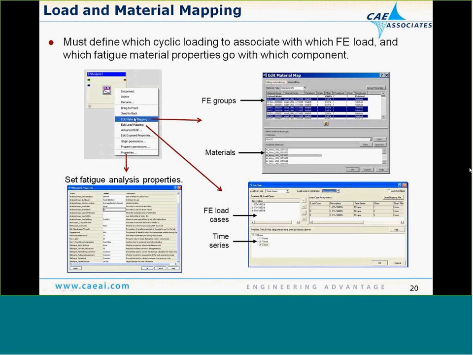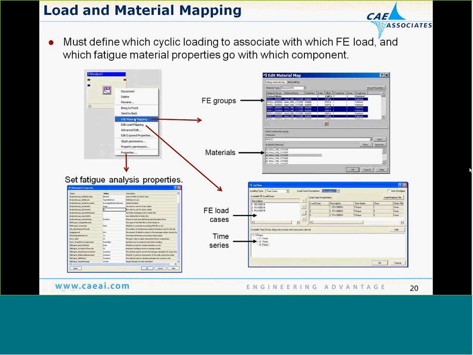One of the key aspects when performing a fatigue analysis is that you need to specify what materials are going to be used, what fatigue analysis materials are going to be assigned to each part of your model, how you're going to assign and define the fatigue cyclic loading, and of course all your fatigue analysis settings.